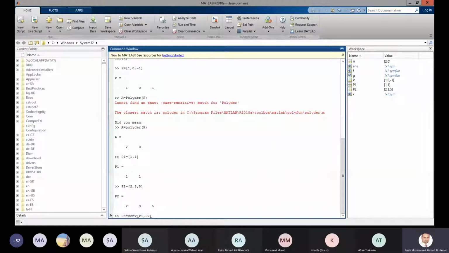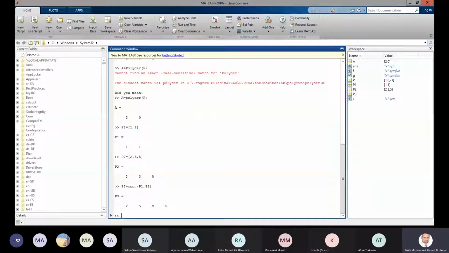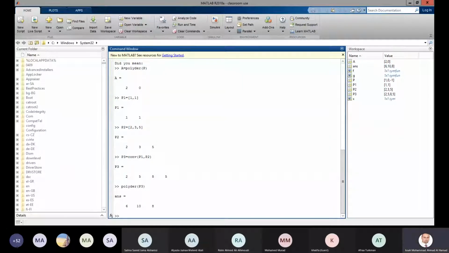So this means polynomial 1 will be multiplied by polynomial 2 and stored in the variable P3. Then you can find polyder of P3. This is the case if you need to find the exact derivative using the polyder function.